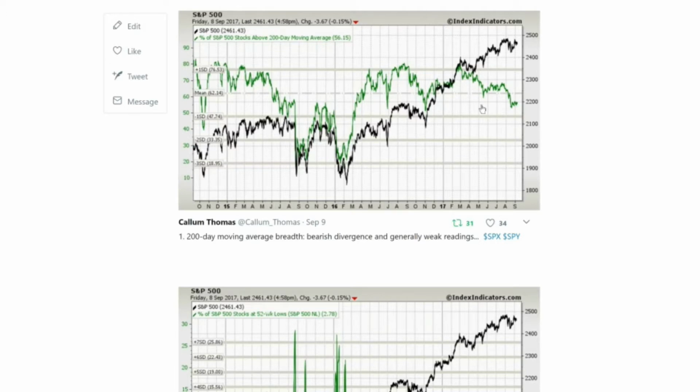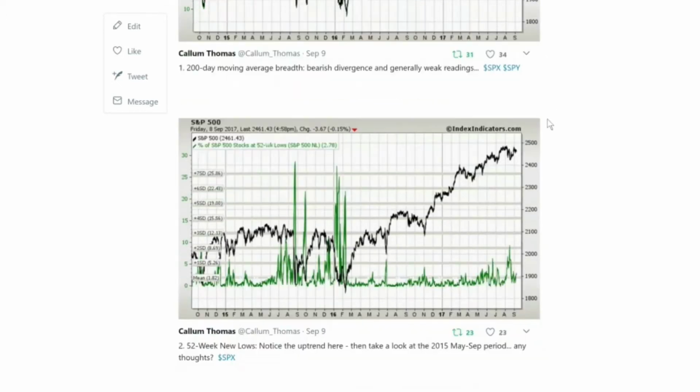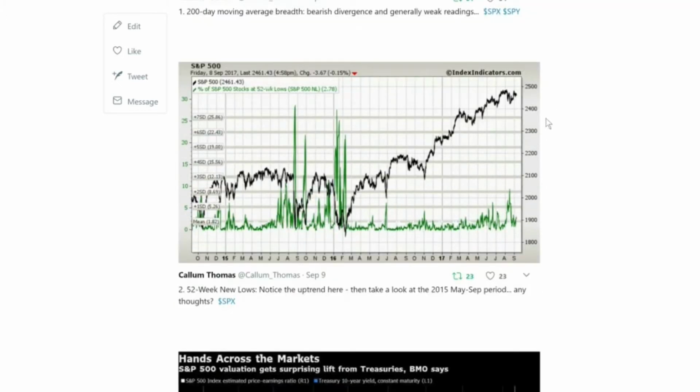That's probably one of the key bearish undertones that will give you a bearish bias at the moment.